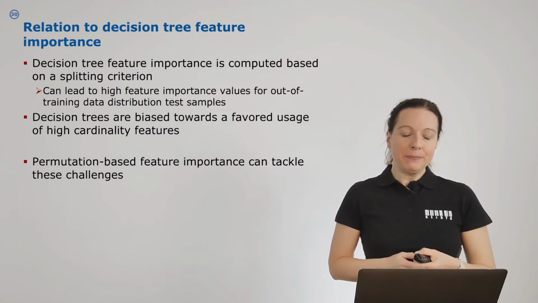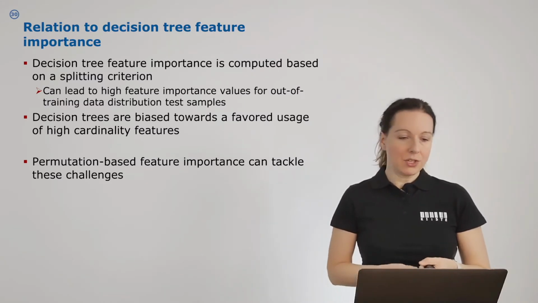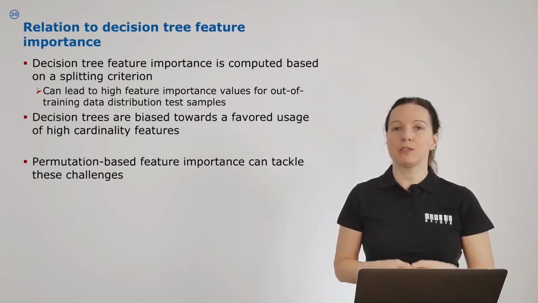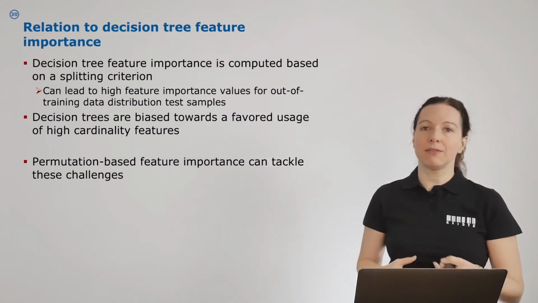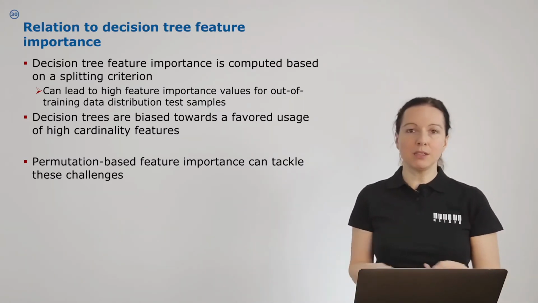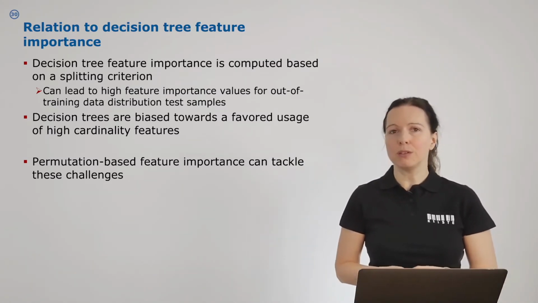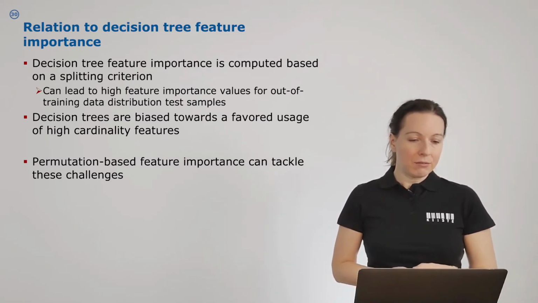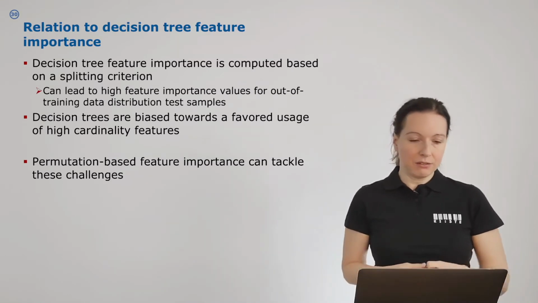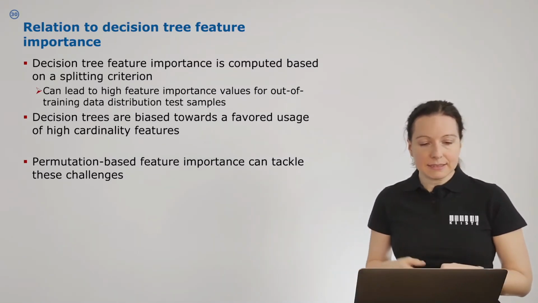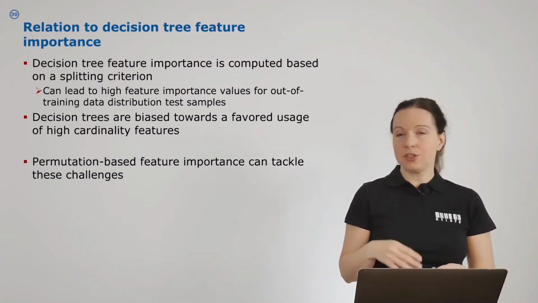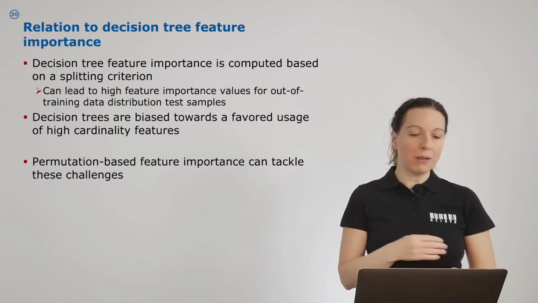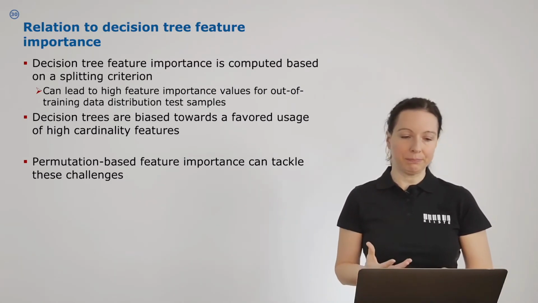Okay, so there is also a relation to decision tree feature importance. Decision tree feature importance is used on a regular basis because random forests are also quite a powerful tool, for classification and regression. First of all, decision tree feature importance is computed based on a splitting criterion.